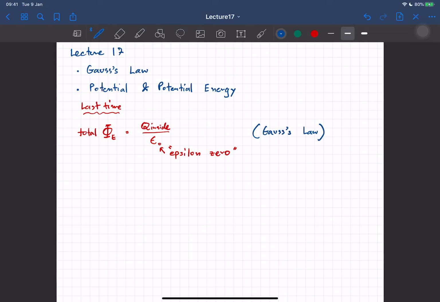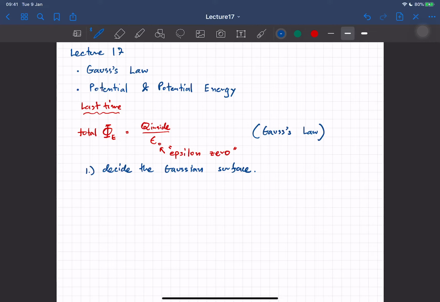So the way to use this is as follows. First you need to decide the Gaussian surface. You need to decide what you're going to use as a surface for Gauss's law.